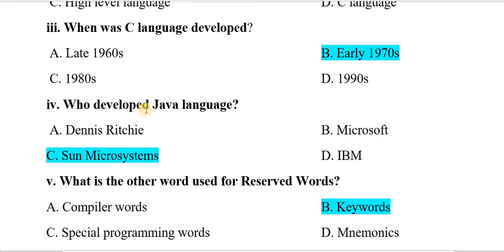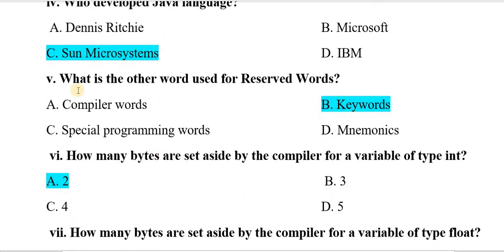Fourth point, who developed Java language? This is option number C. Sun Microsystems. Fifth point, what is the other word used for reserved words? It's option B, keywords.